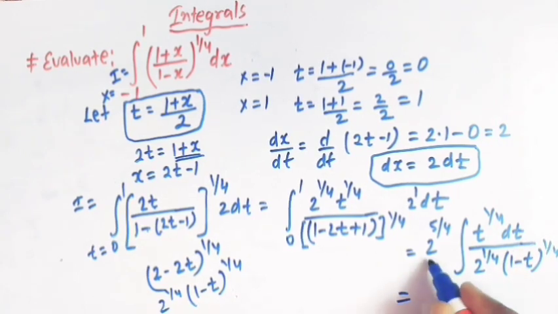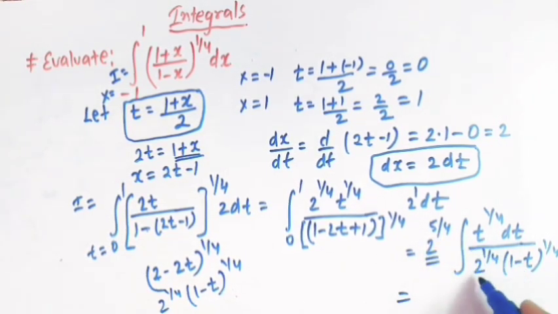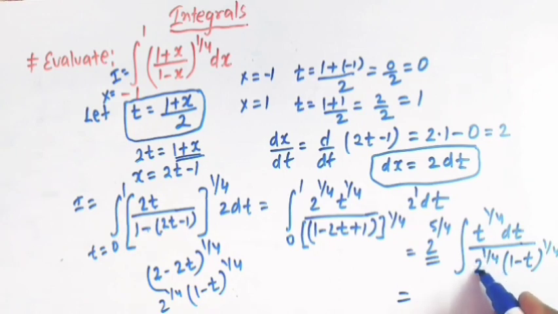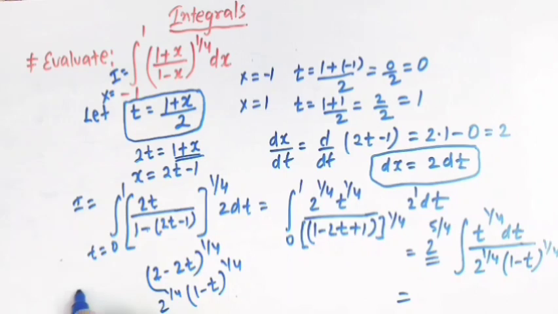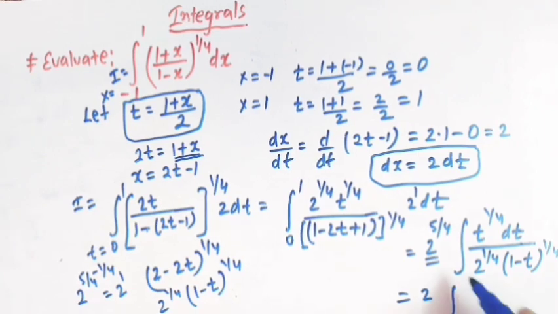Now see, here we have 2 raised to 5 by 4, and 2 raised to 1 by 4. When we take it to the numerator, we have 2 raised to 5 by 4 minus 1 by 4. That is 2 raised to (5 minus 1) by 4, that is 1. So here we have simply 2, and here we have the limits 0 to 1.